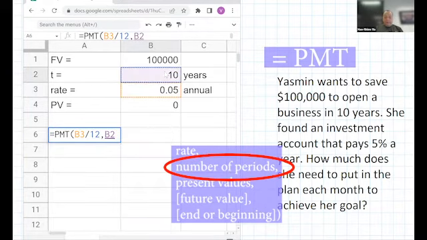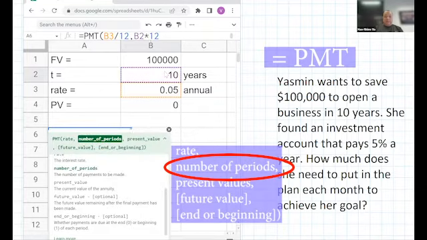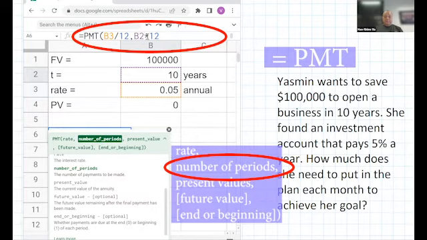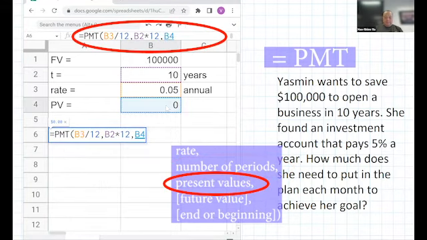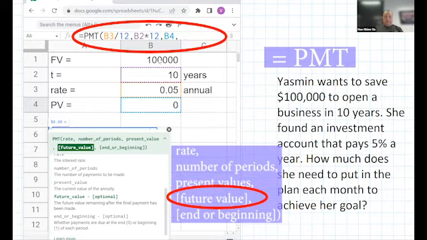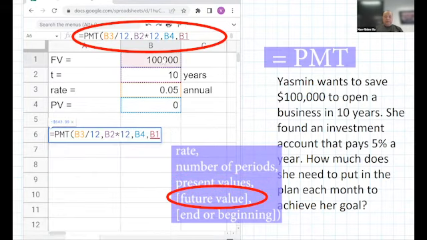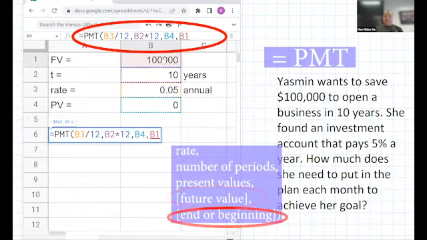We want periods, so you need to multiply by 12. The star represents multiplication, times 12, comma. Present value is 0, comma, and the future value is 100,000. And payment is assumed to be at the end of period, so I just close parentheses like that.